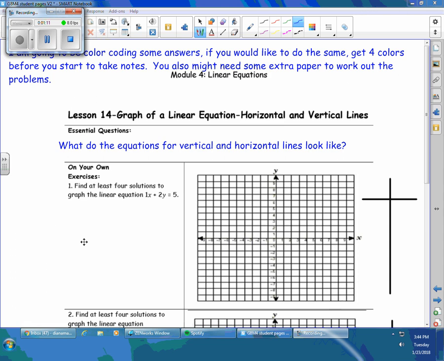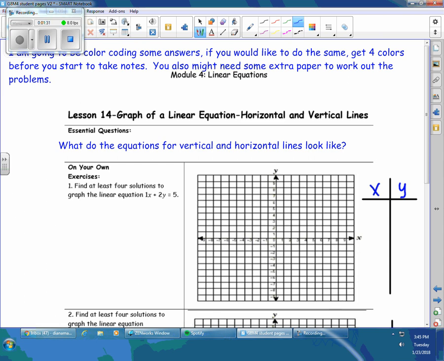Now you'll notice they don't give us a table or anything to set up. So what I would suggest, in order to keep organized, is that you set up a T-chart and label it with your x and your y. Then you record your x values on the left side and your y values on the other side.